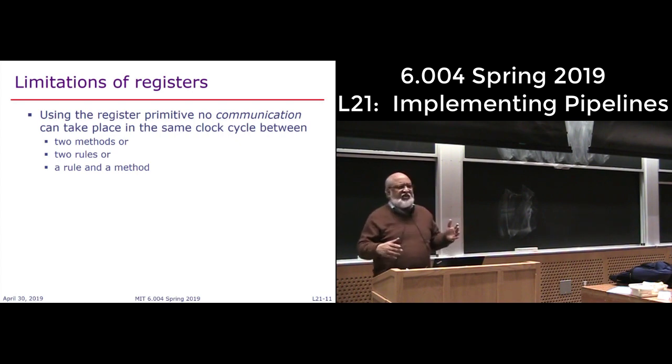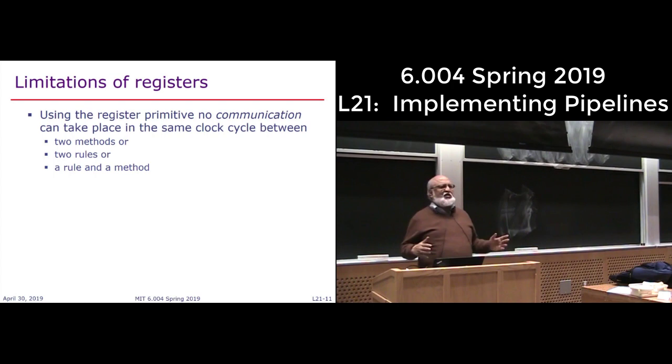They can always communicate. You go and set something, the rule will see it in the next cycle. But what we are trying to do here is to do it in the same cycle. We want to increase the concurrency. We want to take away this wasted cycle. Wasted is not the right word, but if we can reduce the number of cycles, it will be fantastic. That's the goal.